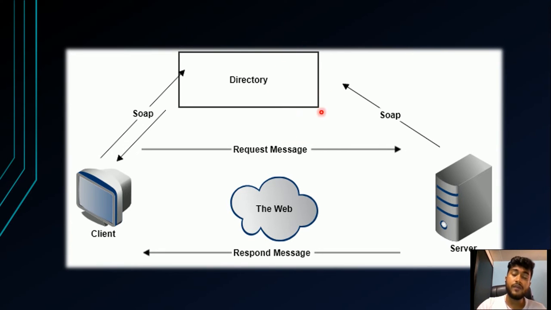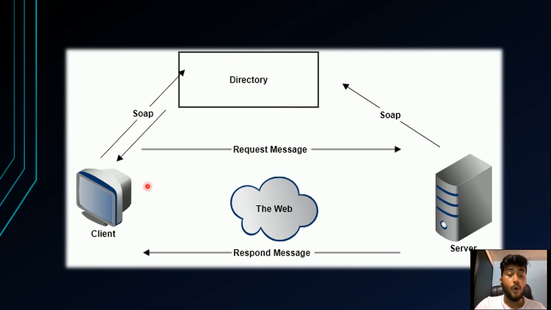And the client can use SOAP to go through the directory and see what services the server can provide. The server also uses SOAP to keep a directory of all the services in here.